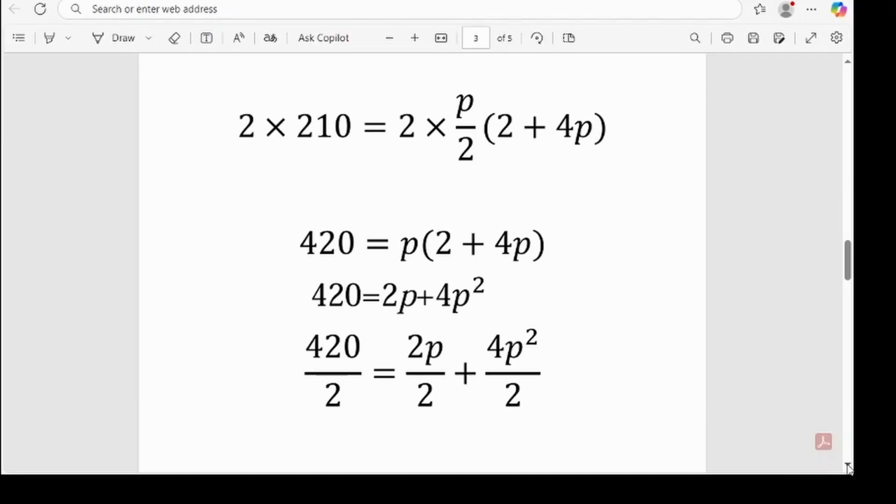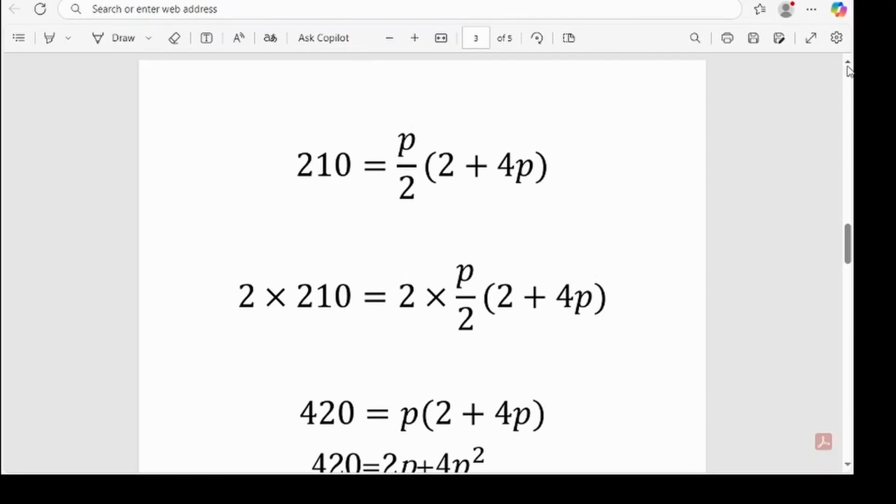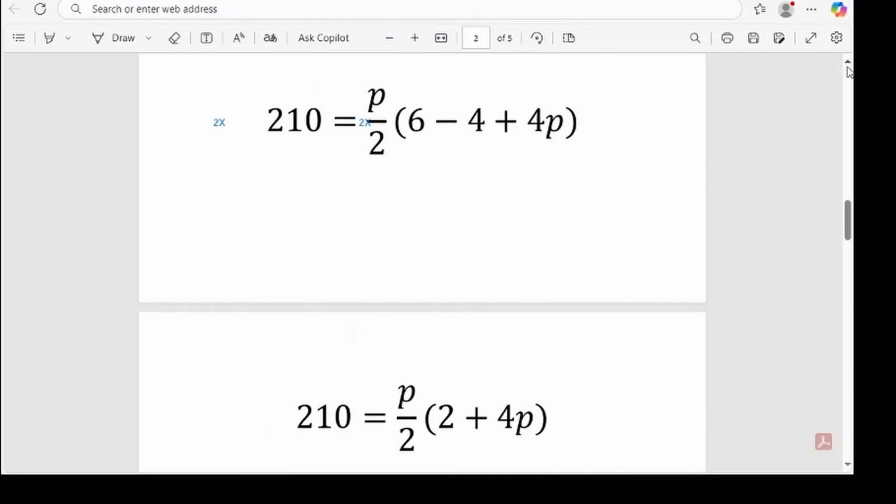In all we get 2 multiplying 210 equals 2 times the fraction p over 2 multiplying 2 plus 4p. Remember that here 6 minus 4 will give you 2, so that's how come we added 2.